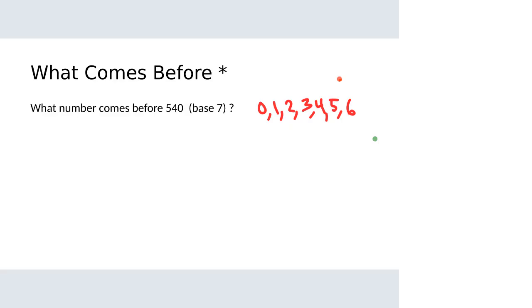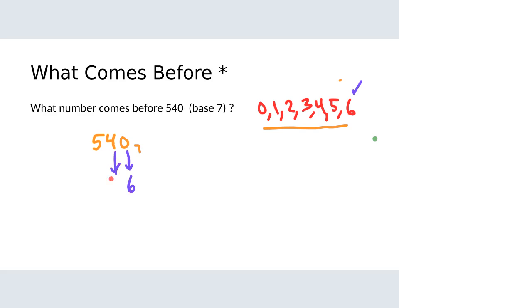So what comes before 540 base 7? These are the only numbers we have to work with. So I'm at 540 base 7, and I want to know what comes before that. Well, what comes after would be 541, but I don't care about that in this one. I need this to go backwards by 1. I need it to go down by 1, and so it's going to go to the highest number I have in my system, which is a 6.